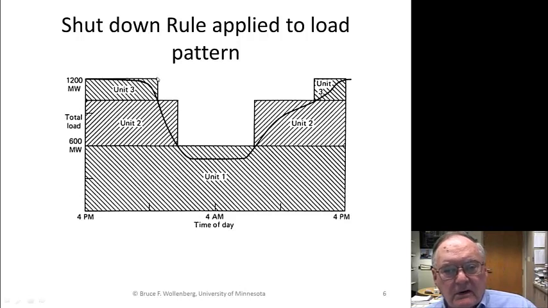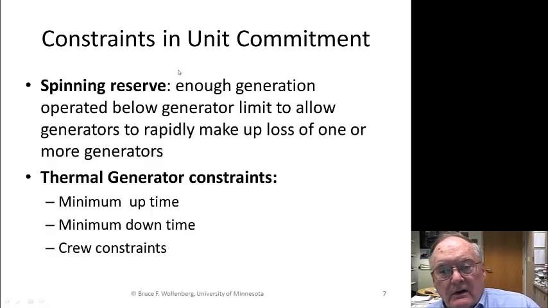So 3 can turn off once the load is below 1000, and then number 2 can shut off at 600, and number 1 supplies everything that we need. Later on, as the load comes back up over 600, I have to put number 2 back on, and then I have to turn number 3 back on. So this is a very simple way of doing unit commitment, is to just have a shutdown rule that people can apply.